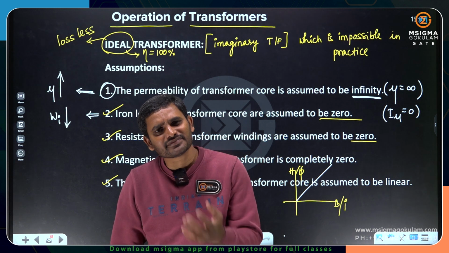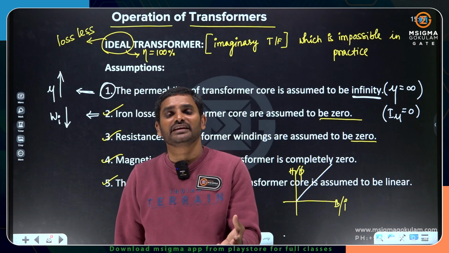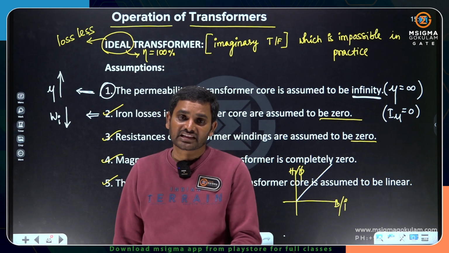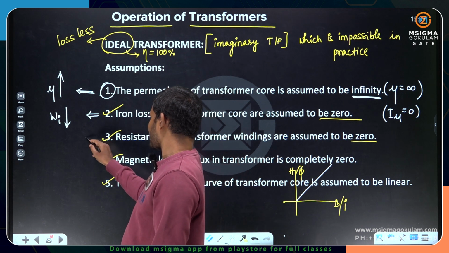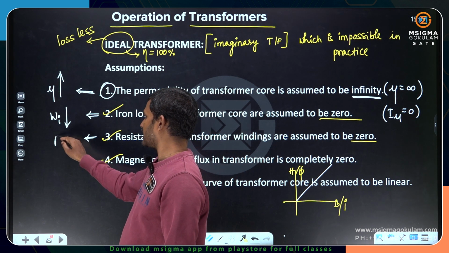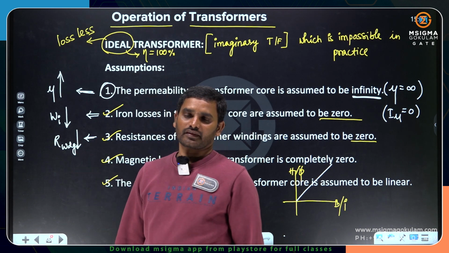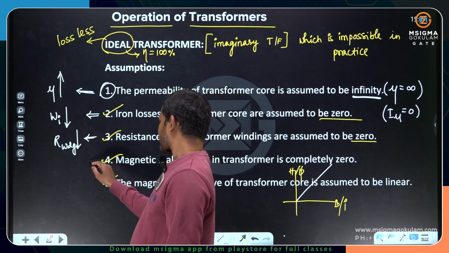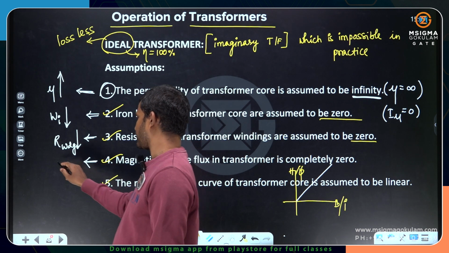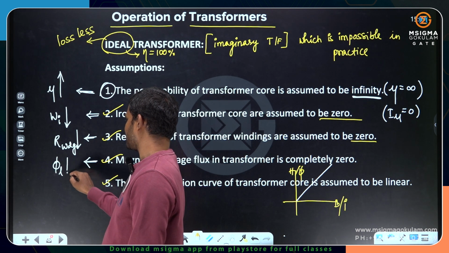You cannot make them 0, because you need to give some energy to the parts, then only they will work. You cannot make the resistance 0, so let us make the resistance of the winding minimum. Similarly, you cannot make the leakage flux 0. You can make the leakage flux minimum.